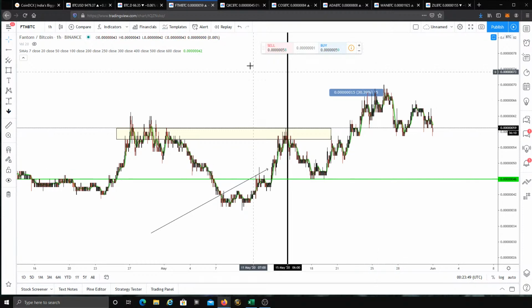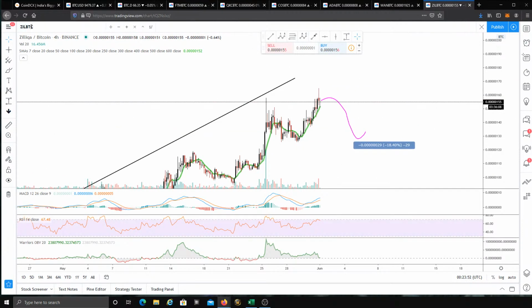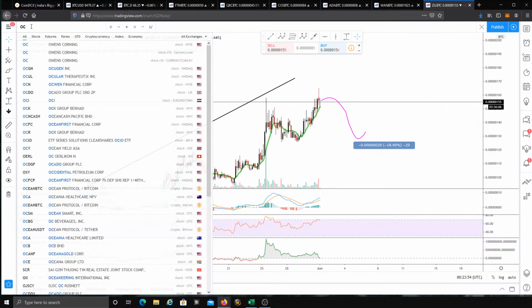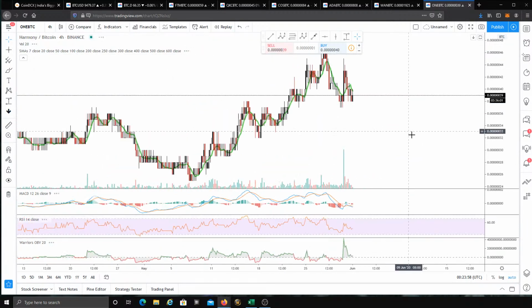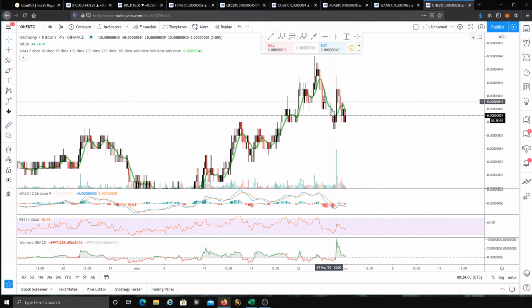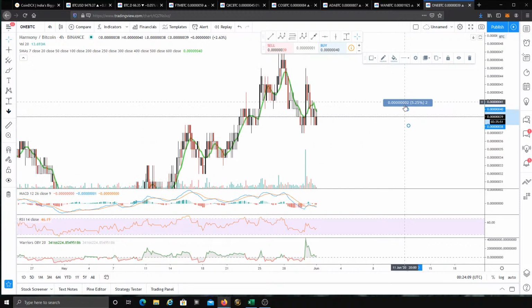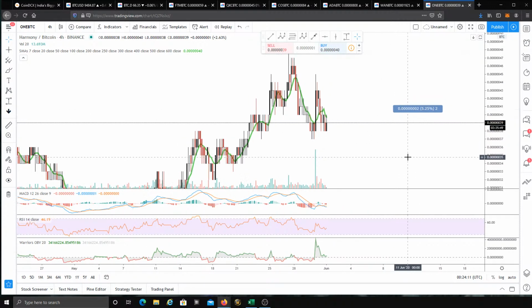I know a lot of you guys right now are looking at Harmony for a Coinbase listing. Now this is an even lower sat coin. So 38 to 40, from 38 to 40 is 5%.